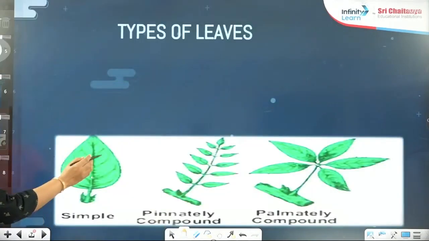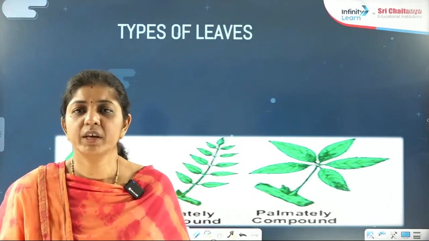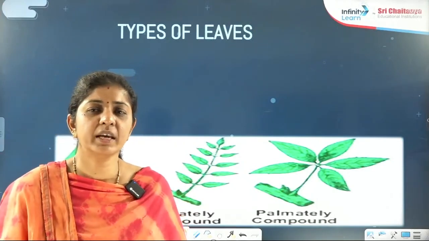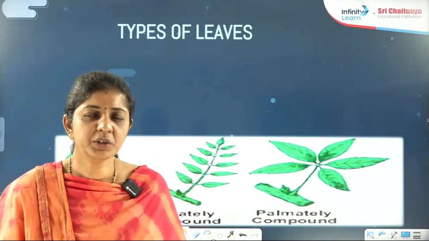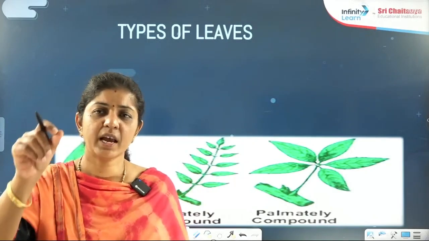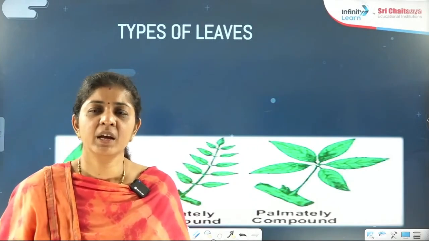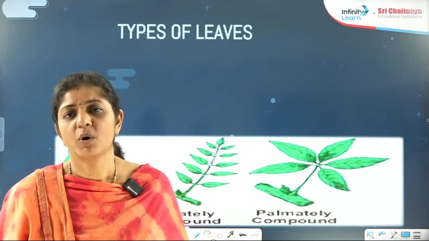Now let's talk about the types of leaves. These types of leaf are based on the incision. Earlier in this lecture I said incision is decided based on the margin, how much cut is there deep inside, whether it is touching the midrib or not.